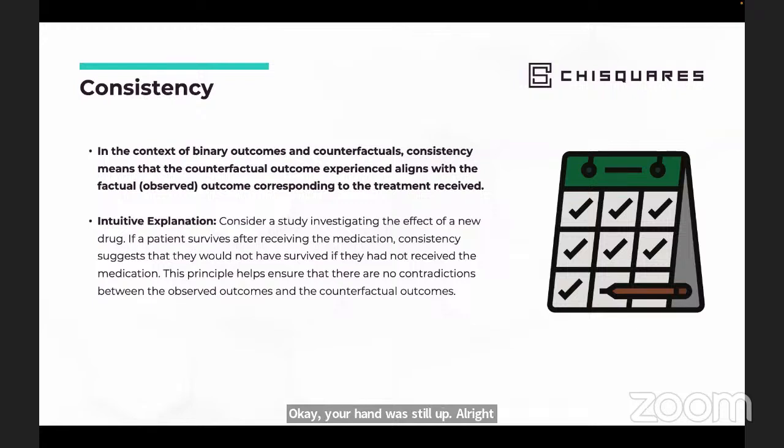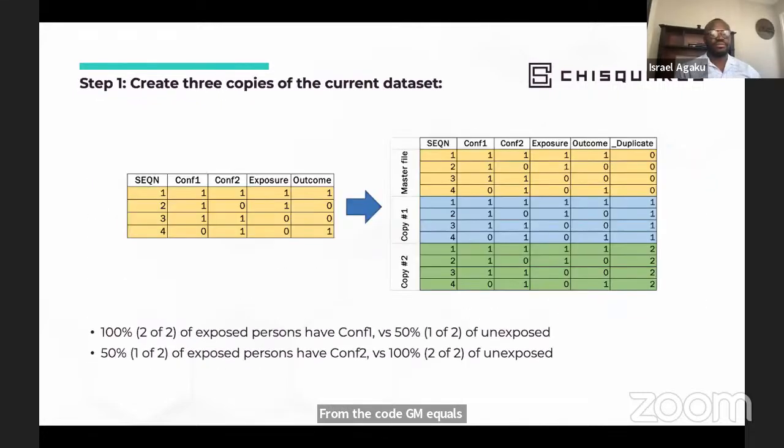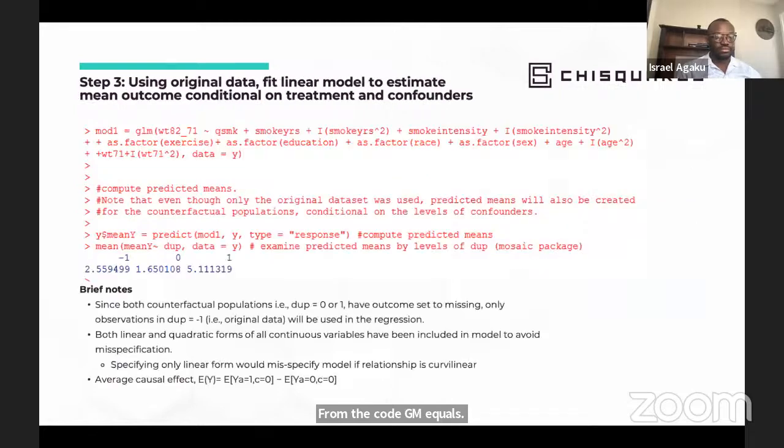So back to Fabrice. It's from the code, the squared. From the code, GLM equals. Okay, so here, right?